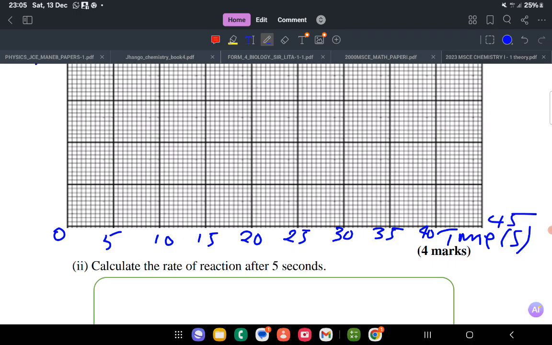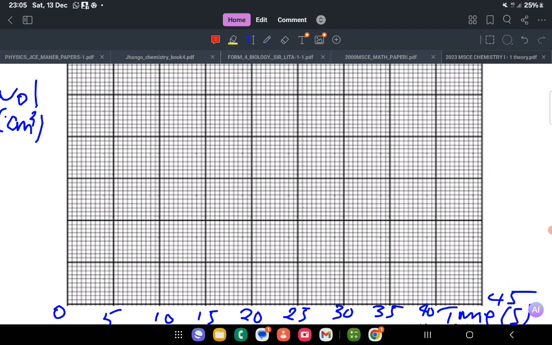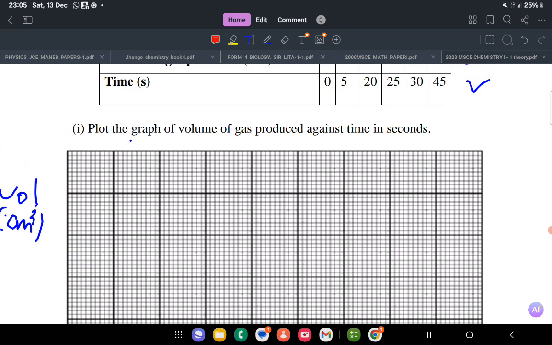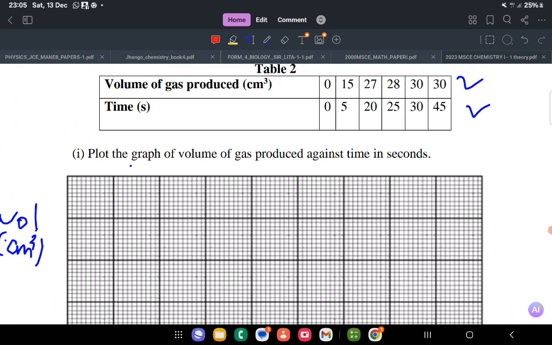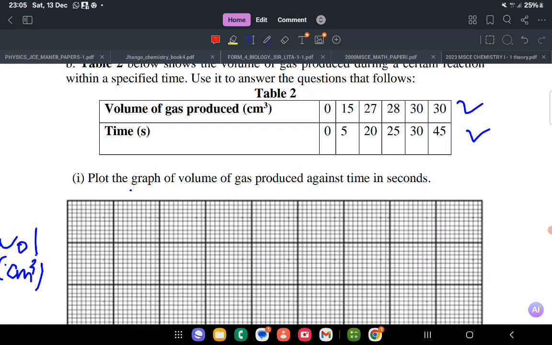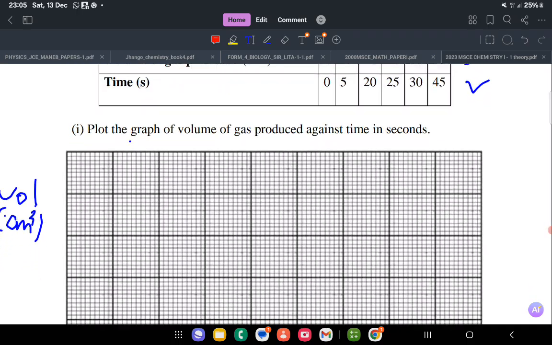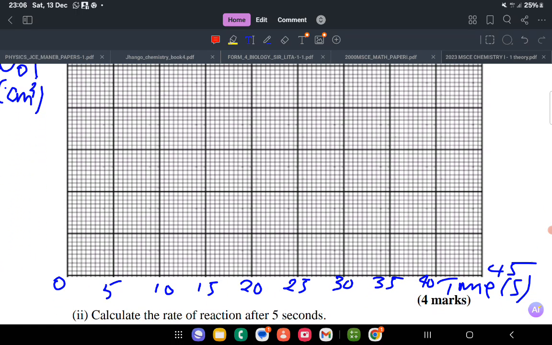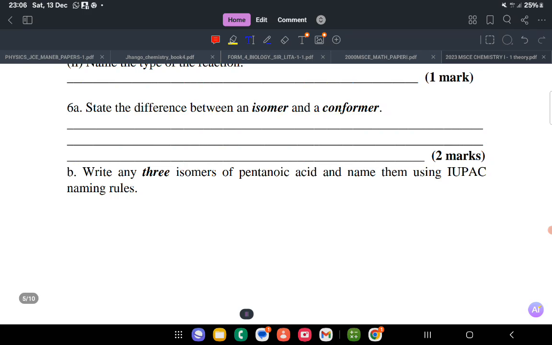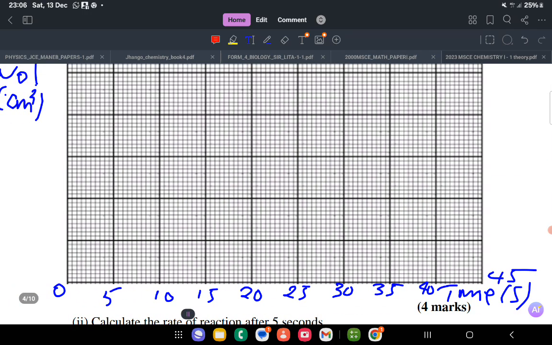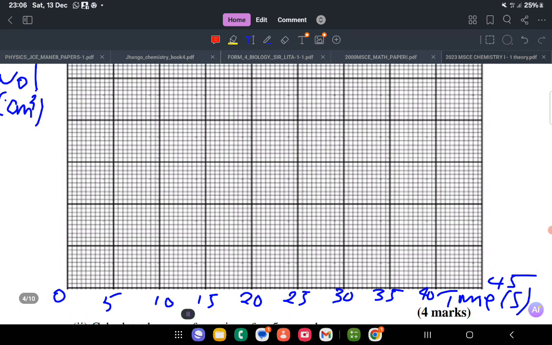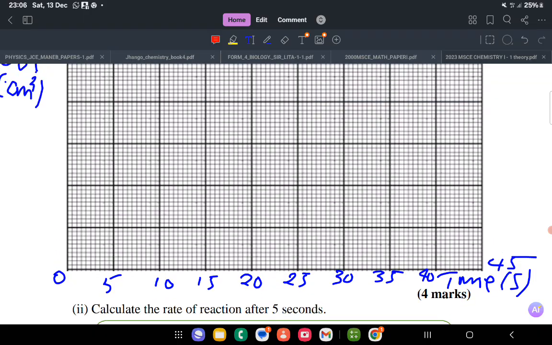And then the same way for volume. Volume is from 0 to 30. We have to be careful there. We can have a scale of 5 to 30, no problem.